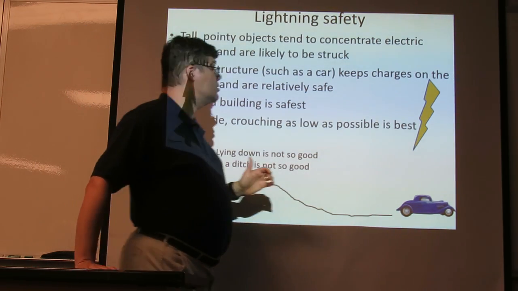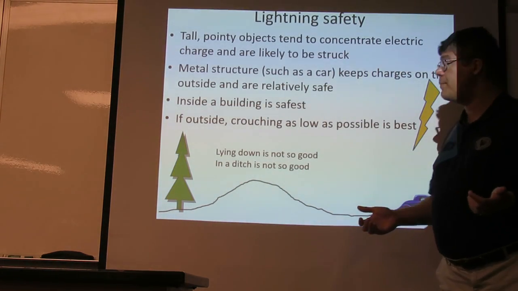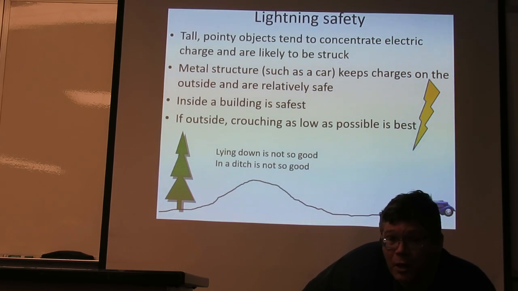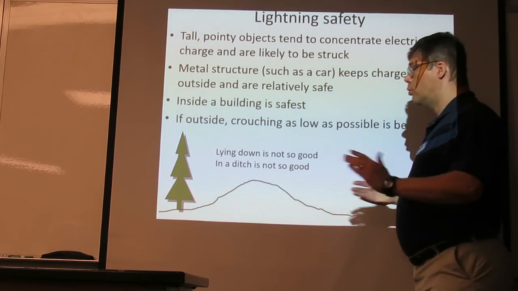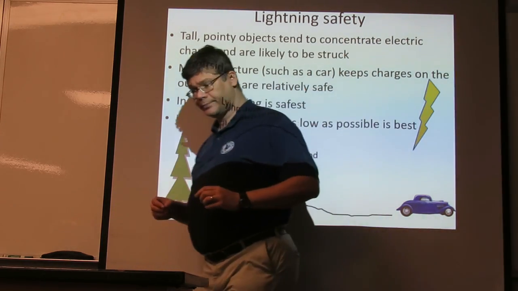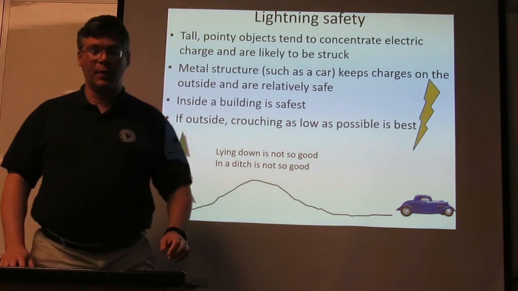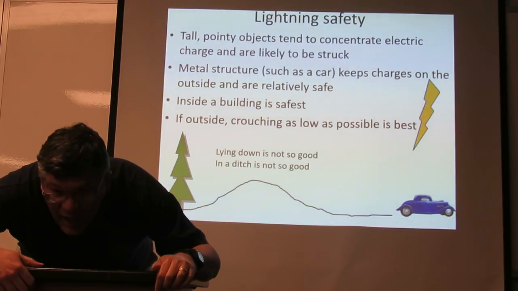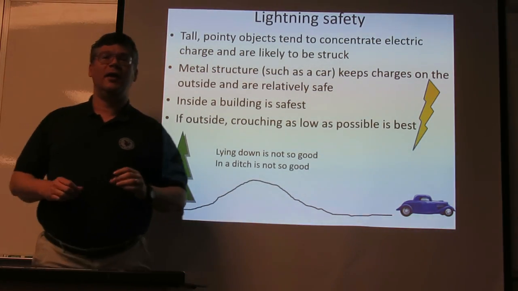If you are stuck outside, then the best thing to do is to crouch down as low as you can get. Now, crouching down, why that? You could get lower by lying down, but there are certain problems. One thing, if you are lying down and lightning strikes the ground, that's not good.